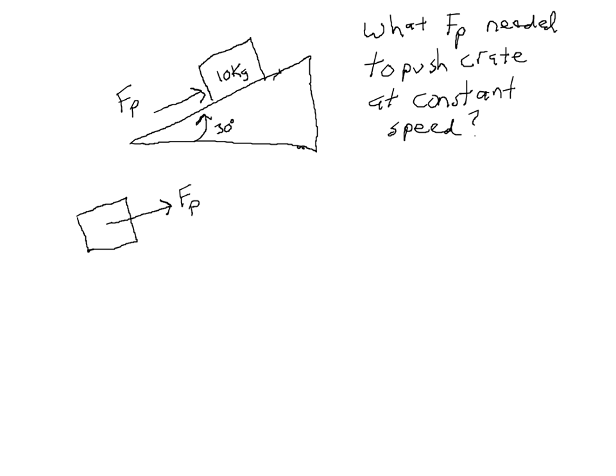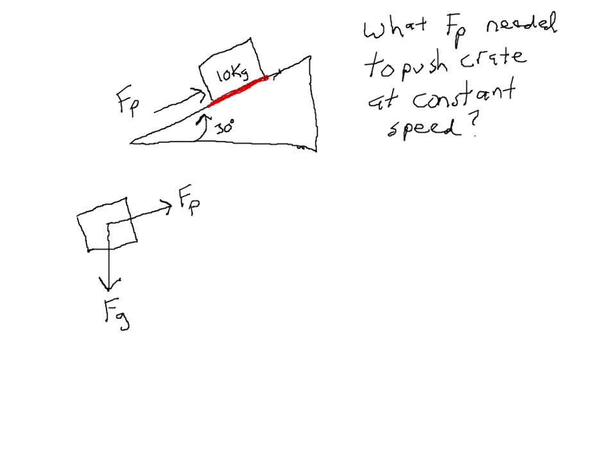We have gravity pulling straight down on the crate. And we have the normal force of the plane on the crate. And remember that the normal force, by definition, is always perpendicular to the surface of contact. So in this case, the surface of contact between the crate and the plane is that red line right there.